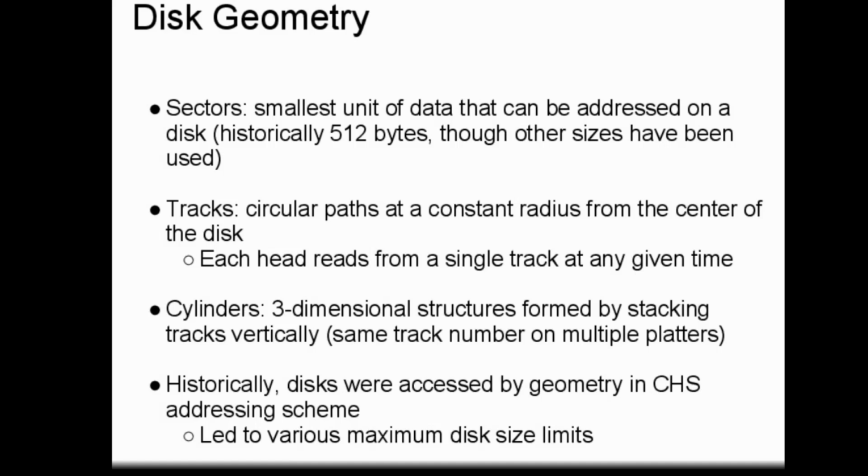One head reads from a single track on a single side of each platter. When you stack multiple heads up, using multiple tracks on the various sides of several different platters, the result is what's called a cylinder. And historically, accessing disks required accessing the particular data locations using cylinder head sector, or CHS, geometry addressing.